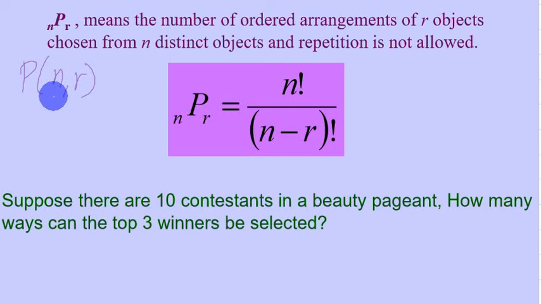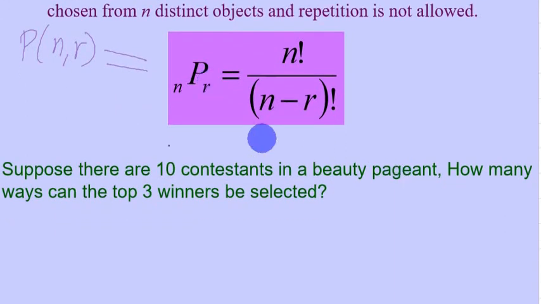And this is given by n factorial. From arranging all these n distinct objects, we're just going to remove from the count of n just the objects that we would need. Once we have that, that's the total that we're going to remove from n factorial. In other words, suppose there are 10 contestants, how can we choose the top 3?